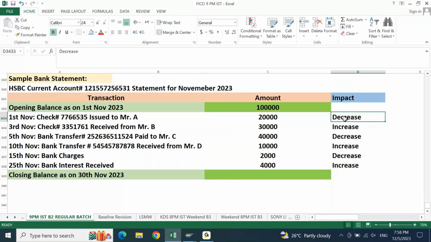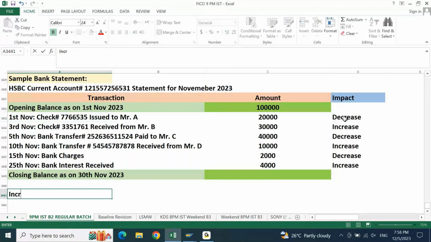Once you understand whether it is decrease or increase, whether in accounting or anywhere else, I will write increase is equal to positive and decrease is equal to negative.